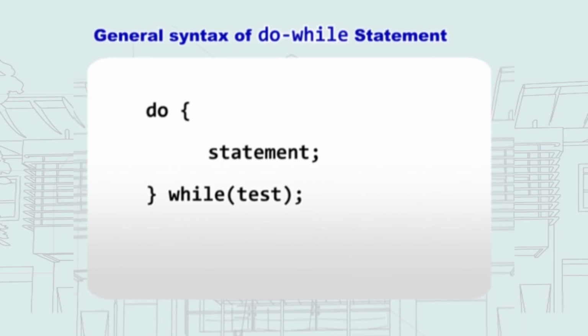The do while loop will be executed at least once, no matter the condition is true or false, because the testing of the condition happens at the end of the loop. See comparison between do while and while.